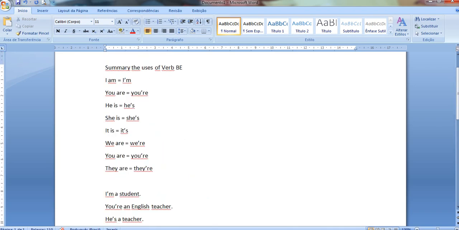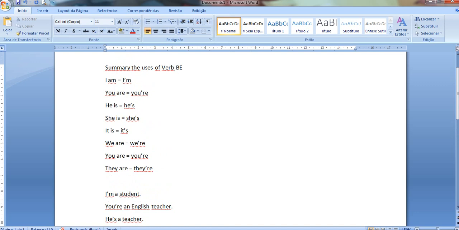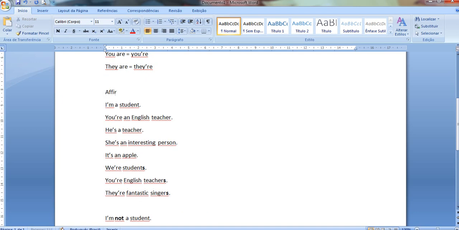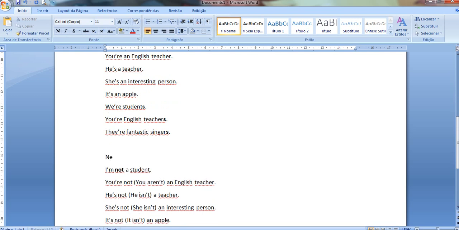Okay, and here is a summary of the use of verb be. We have here the use of verb be for each personal pronoun in English. We have here some examples in affirmative form. We have here some examples for negative form.